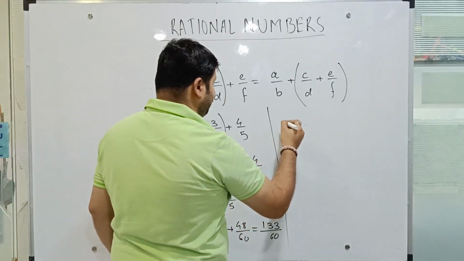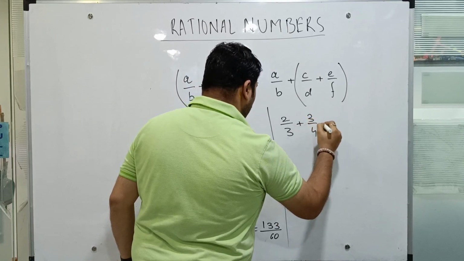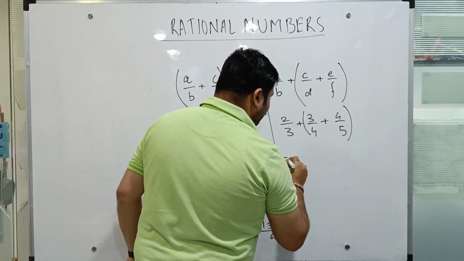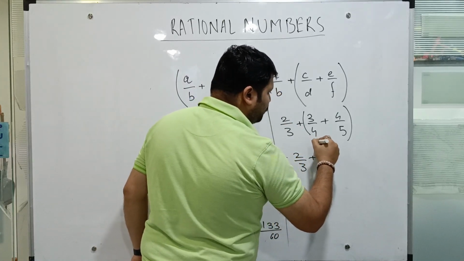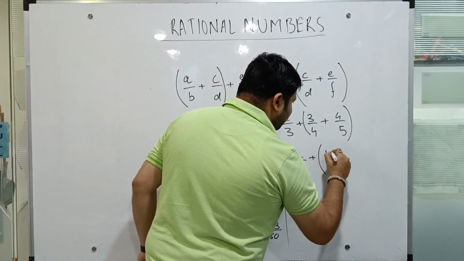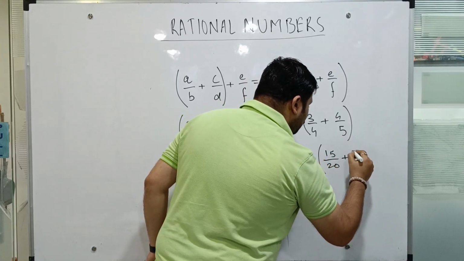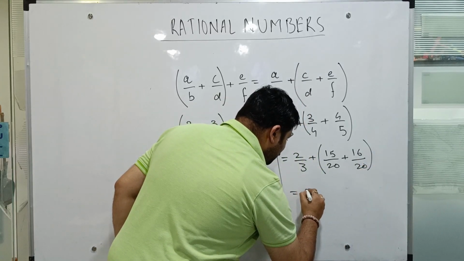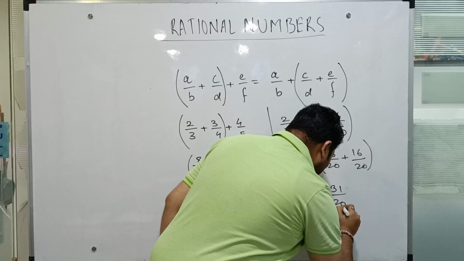Now, if you add it in this manner, let us see what happens. We would have 2 upon 3 plus 3 upon 4 plus 4 upon 5. So first I would get 2 upon 3 plus, so I'd have 15 upon 20 plus 16 upon 20, giving me 2 upon 3 plus 31 upon 20.